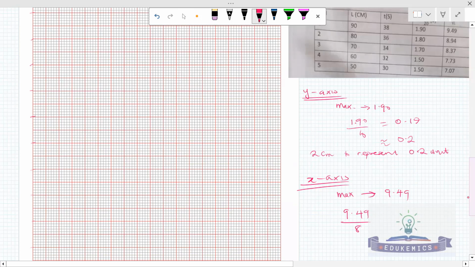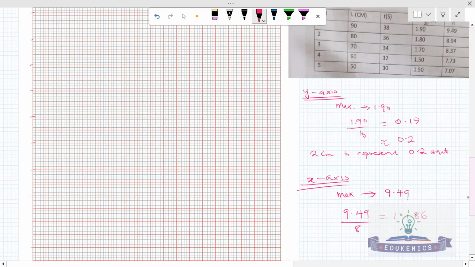Let's use the calculator to do that. 9.49 divided by 8, we have 1.186. How do we do this approximation to get a good scale?